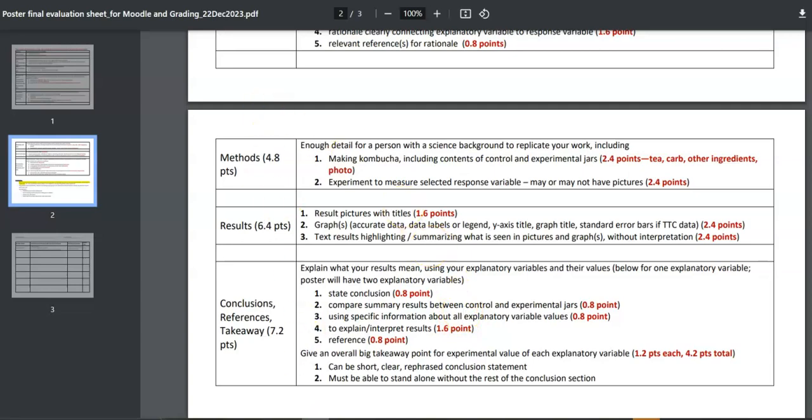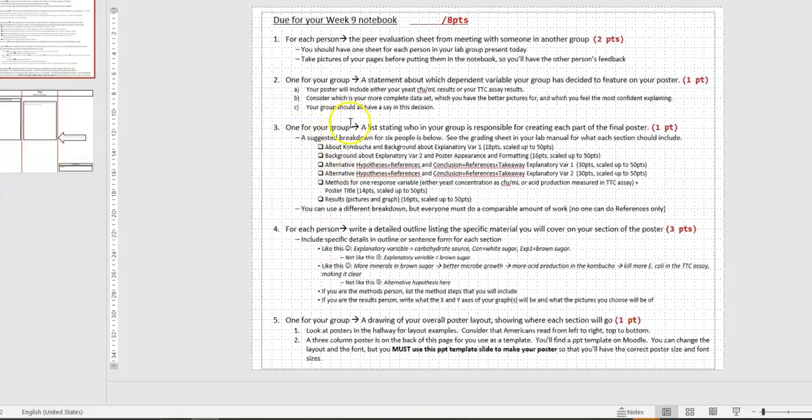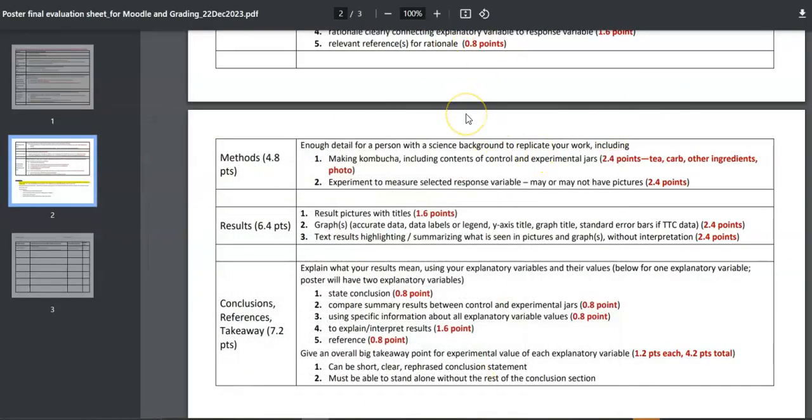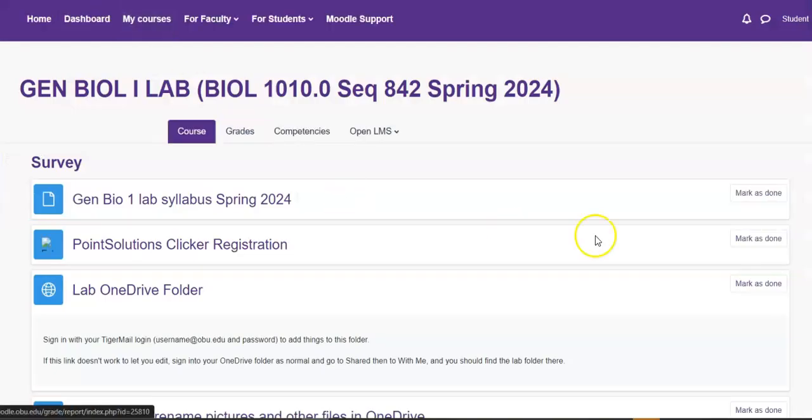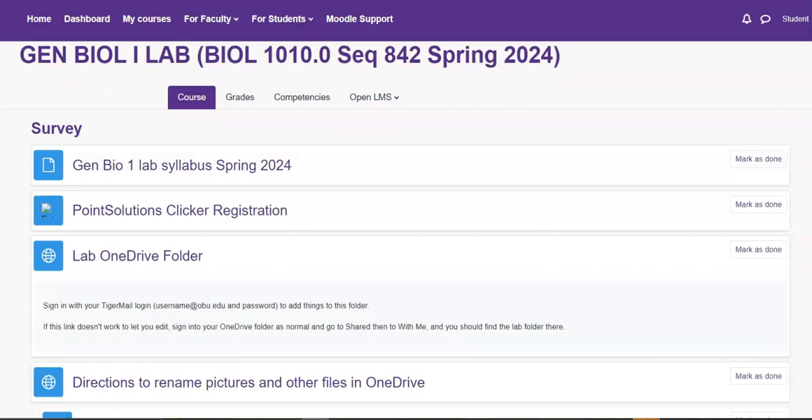So as you guys are doing the list stating who's responsible for each part of the poster, do consider how much work each part is and try to get everybody with the same amount of work. Okay, back to week 9.